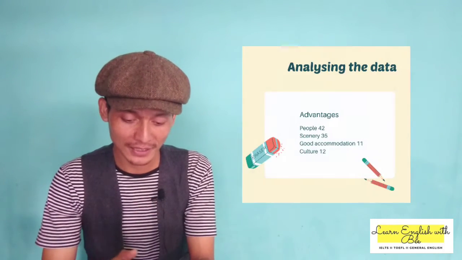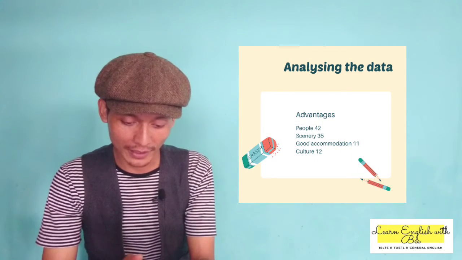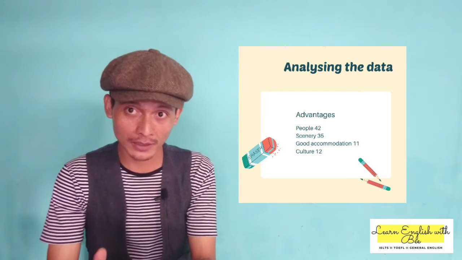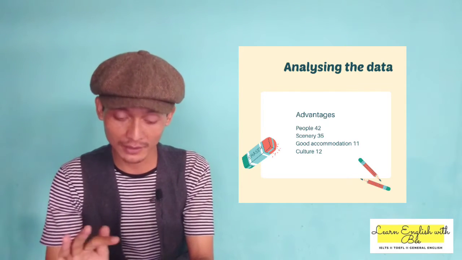Now let's move on to the second body paragraph. Okay, and here is the result of my analysis. Check this out. You can see that the second body will be focusing on the advantages.